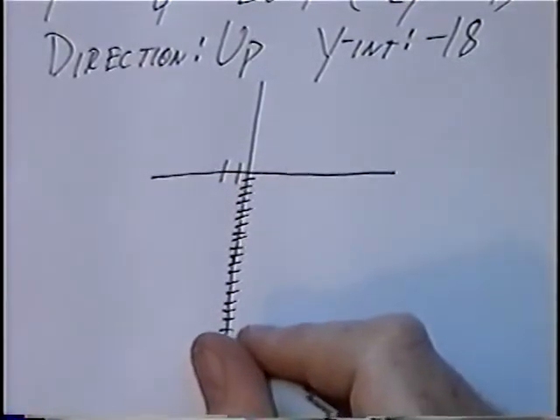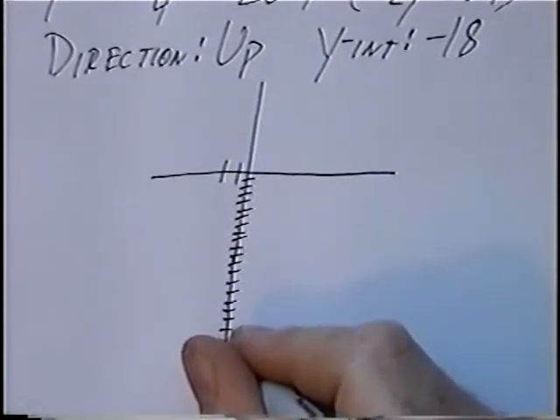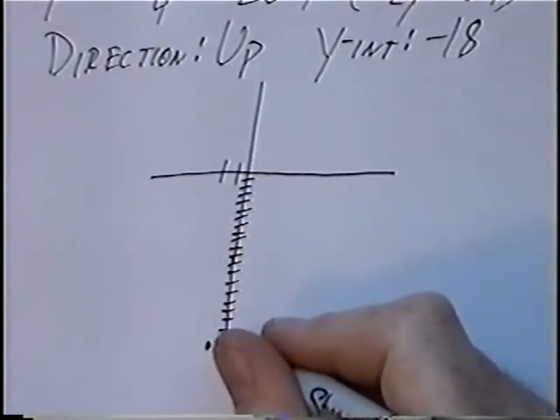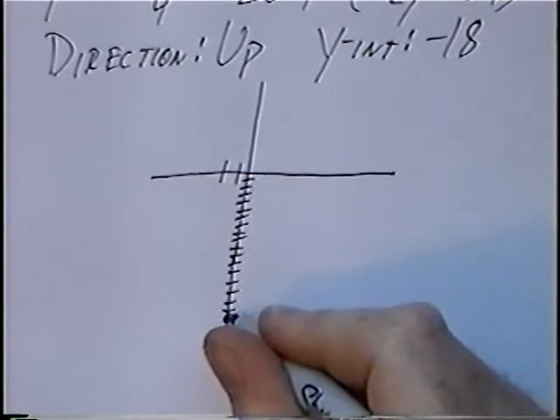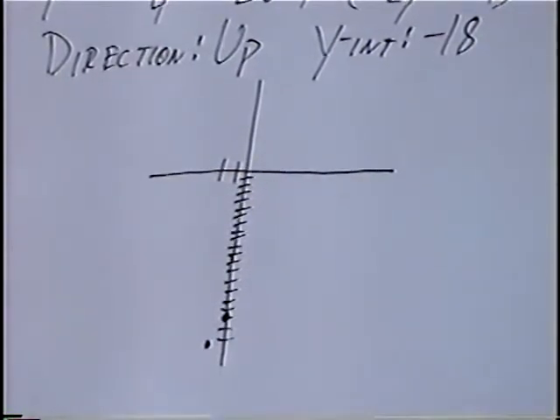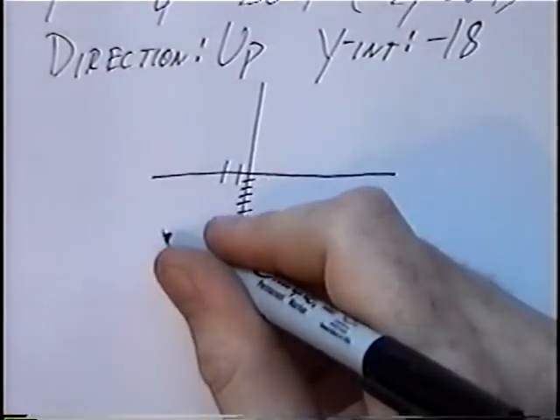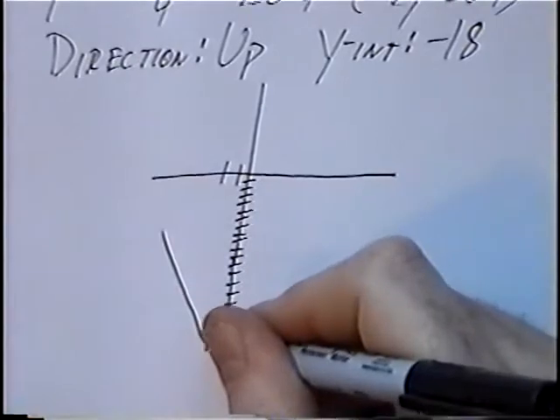And the x value would be at negative 1.5. The y-intercept is at negative 18. And the direction of this parabola goes up. Looking back at the original inequality, it is greater than or equal to, which means it is a solid line for the graph.